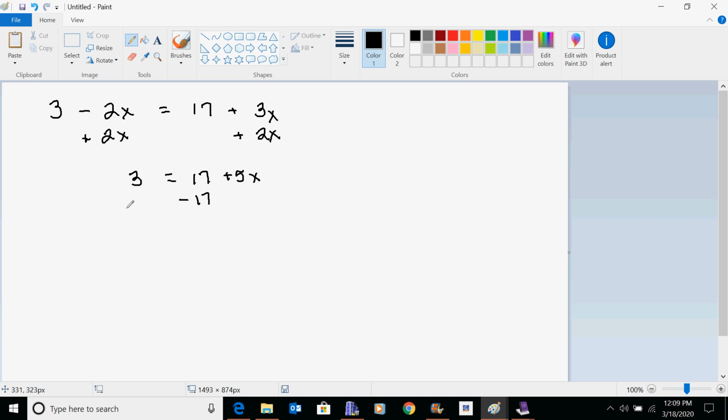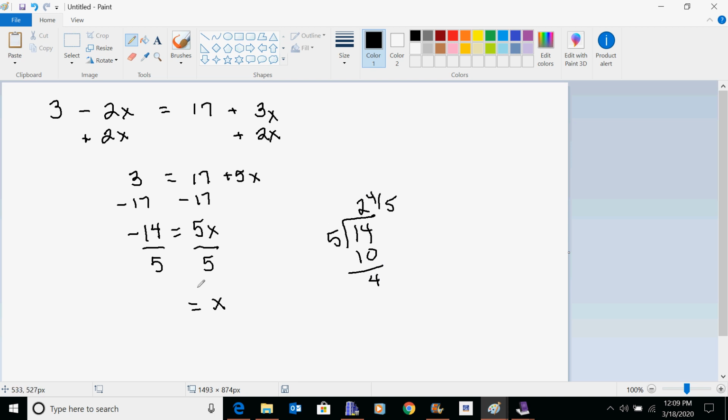We'll take away our 17 from both sides so that our 5x equals negative 14, starting at positive 3, going 17 to the left. Then divide by 5. So your answer would give you 2 4/5. Or actually negative 2 4/5. I just did that to simplify it.